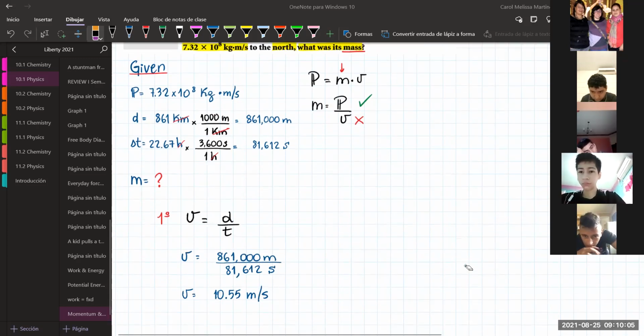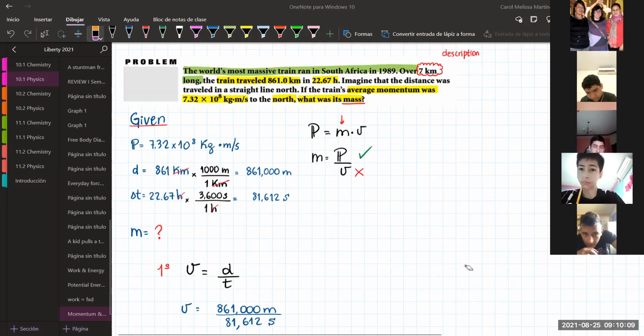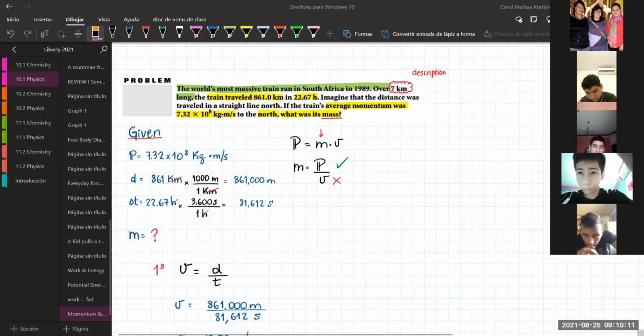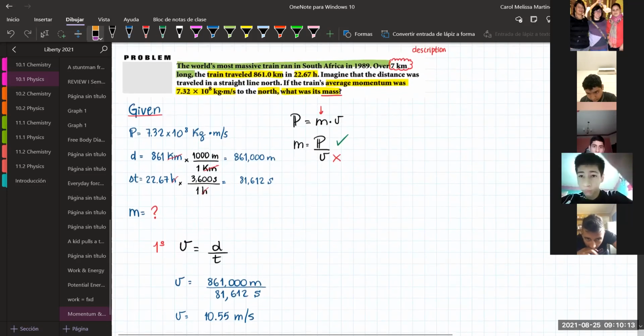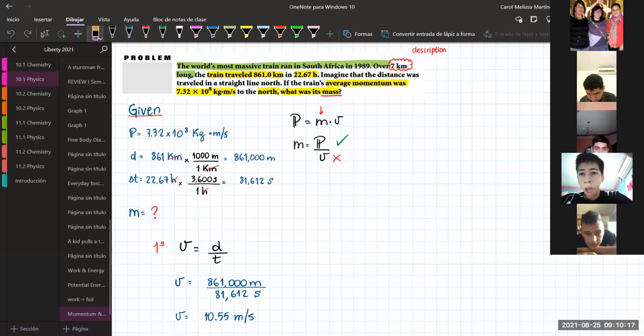Now, in what direction was the train going? North. So we write it too.